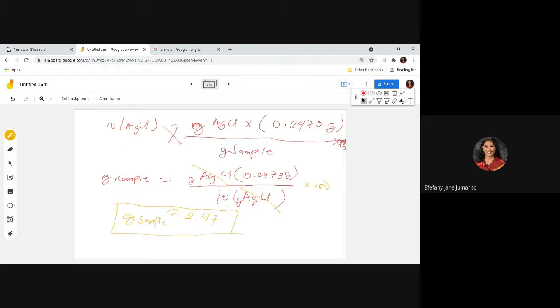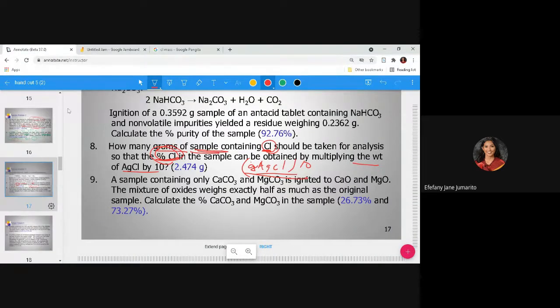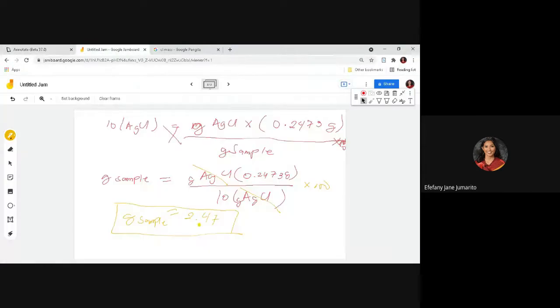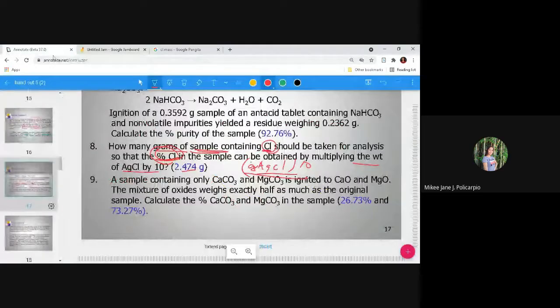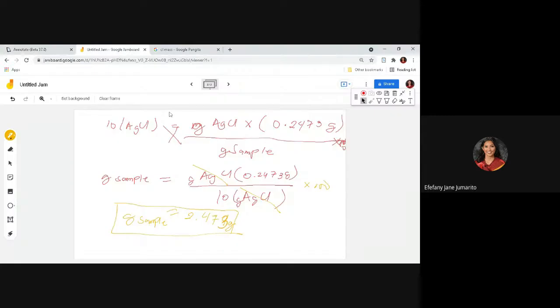So, good answer. Okay, 2.473. Yes, ma'am. It's a small error, so it's okay. So we have 2.473 grams of your sample.